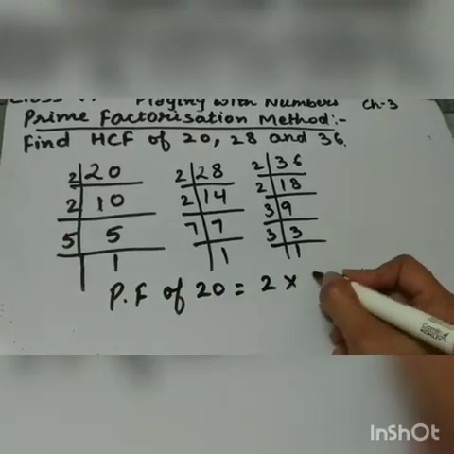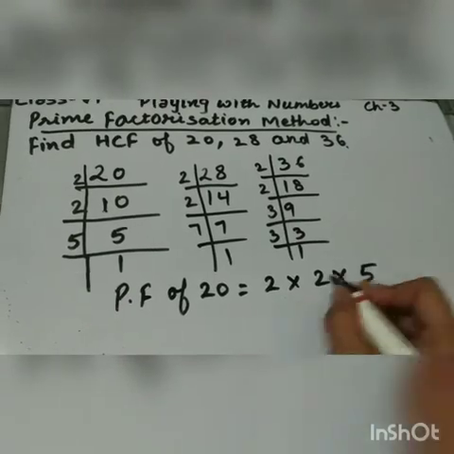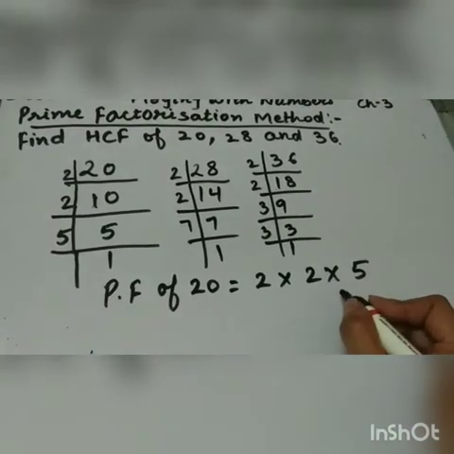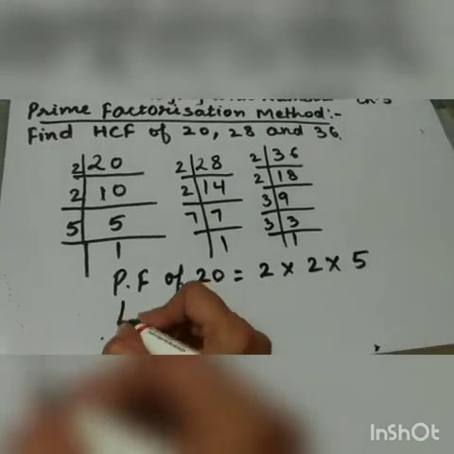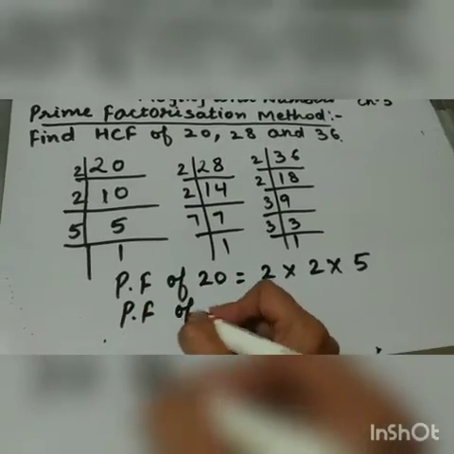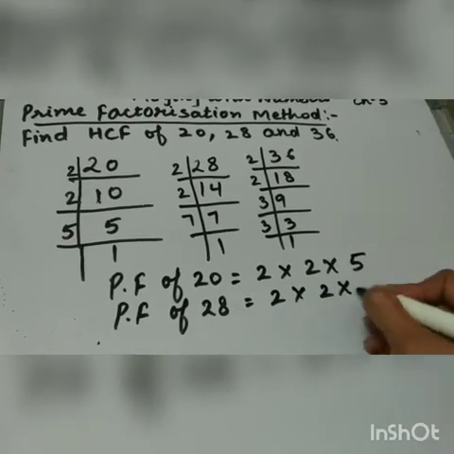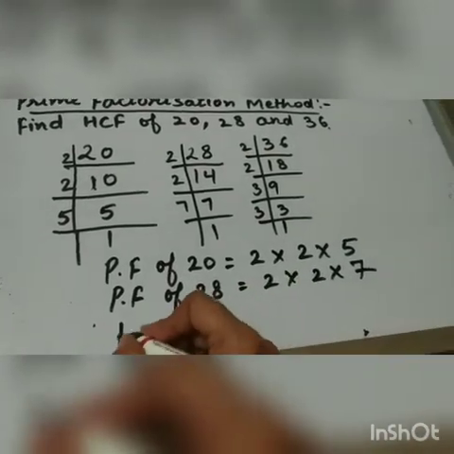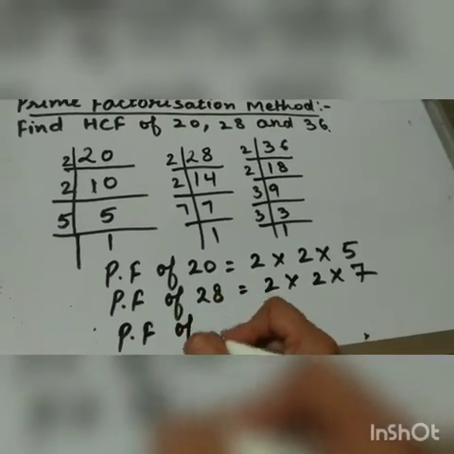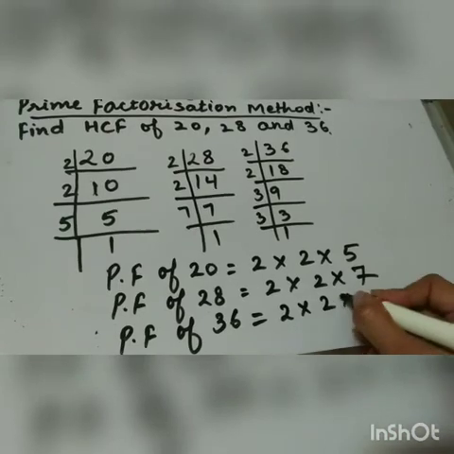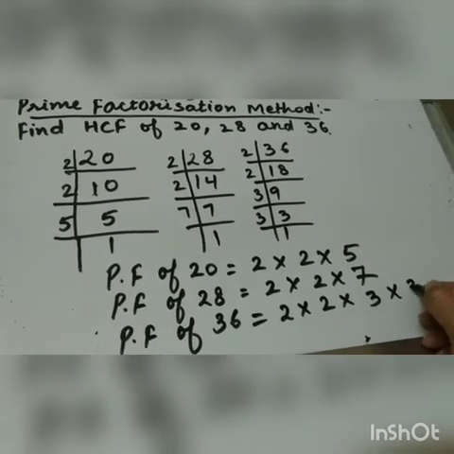Prime factorization of 20 is 2 multiplied by 2 multiplied by 5. Prime factorization of 28 is 2 multiplied by 2 multiplied by 7, and prime factorization of 36 is 2 multiplied by 2 multiplied by 3 multiplied by 3.